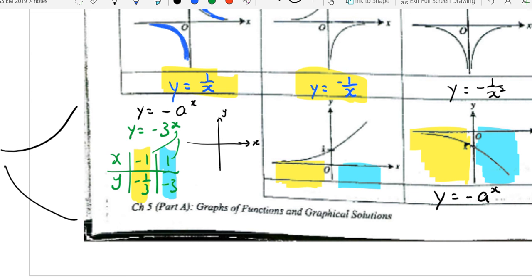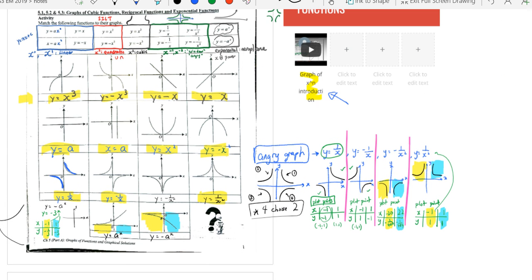Okay. So exam, how will they ask you? They will give you many graphs, then they will ask you to guess what kind of family is this. Is this a linear family? Is this a quadratic family? Wrong color.